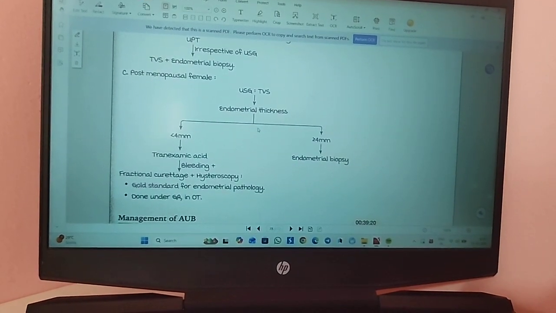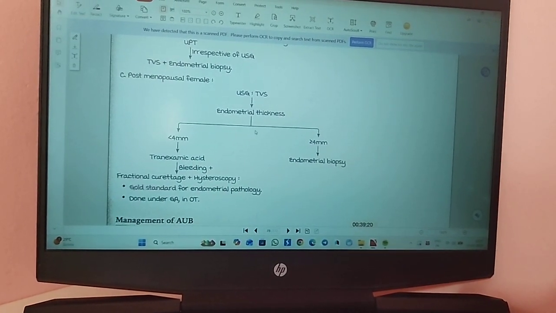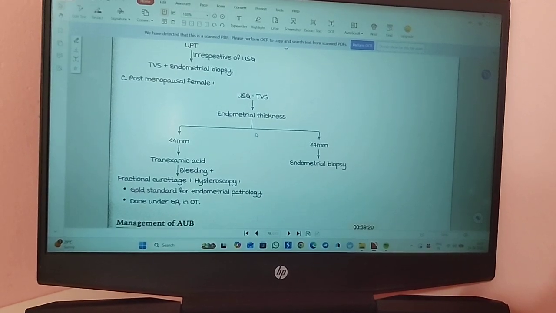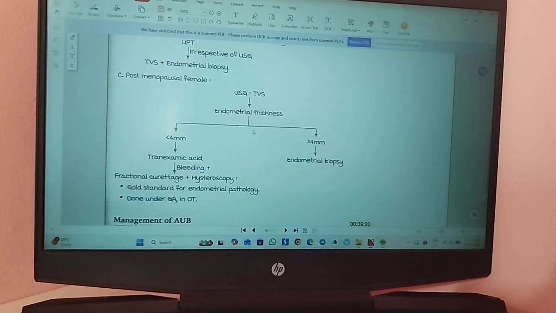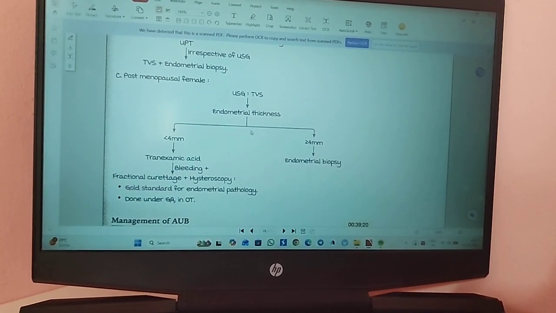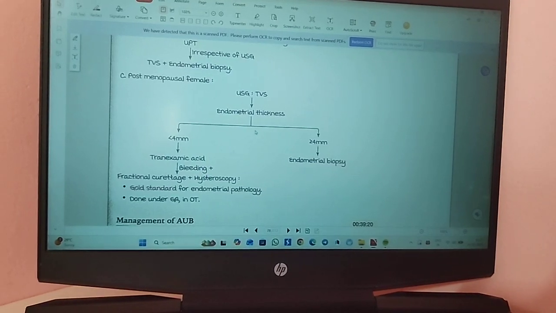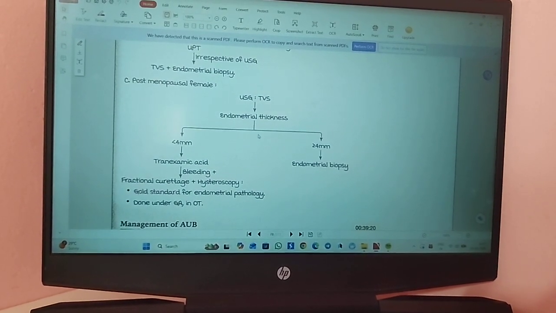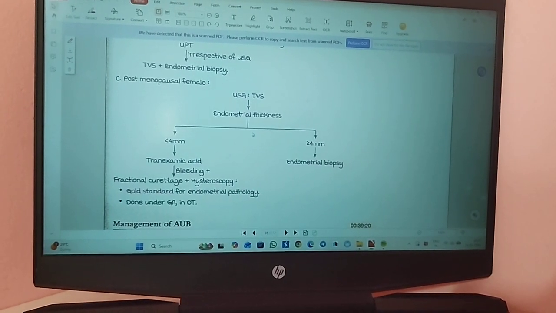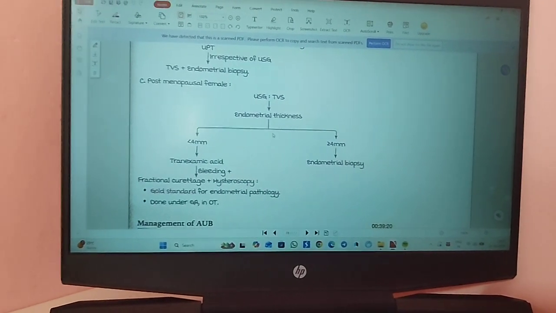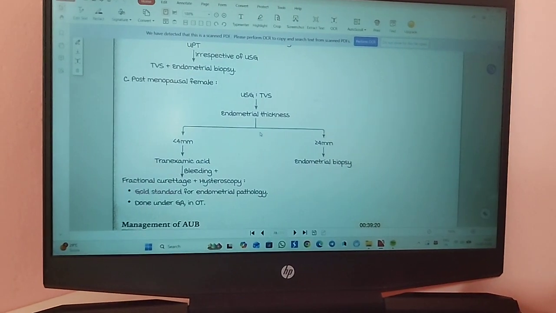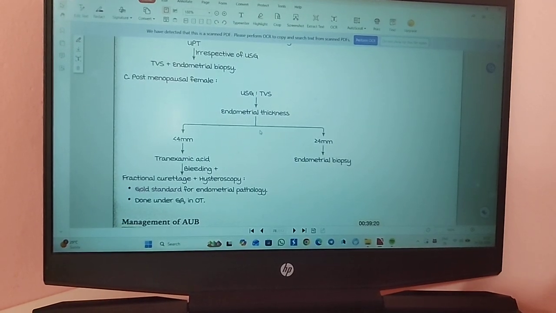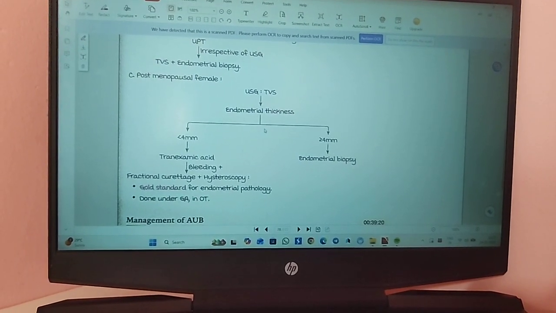That is the gold standard for finding endometrial pathology, and it is done under general anesthesia in the OT. And if the endometrial thickness is greater than or equal to 4 millimeter, then you should do endometrial biopsy. Don't give tranexamic acid in that case.